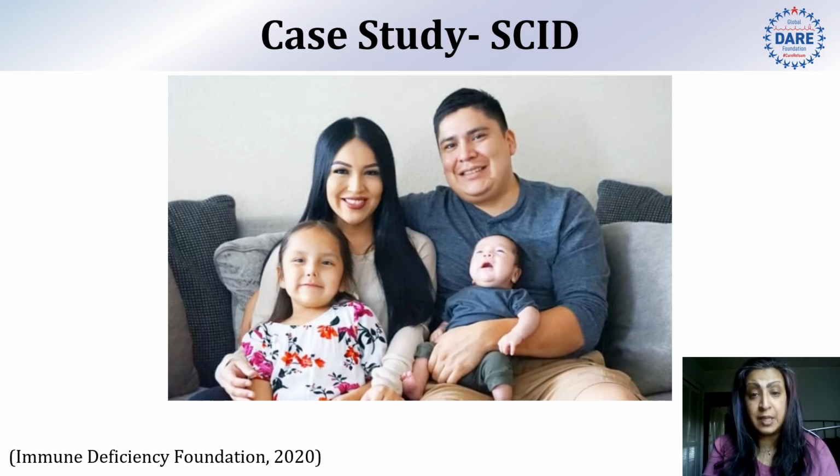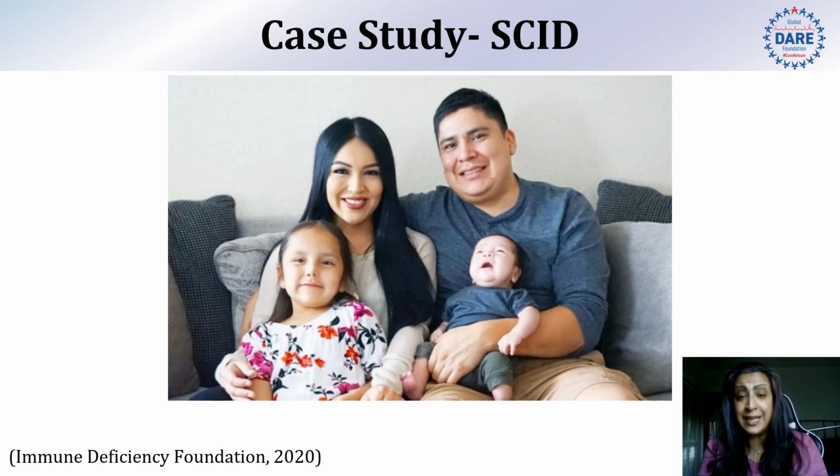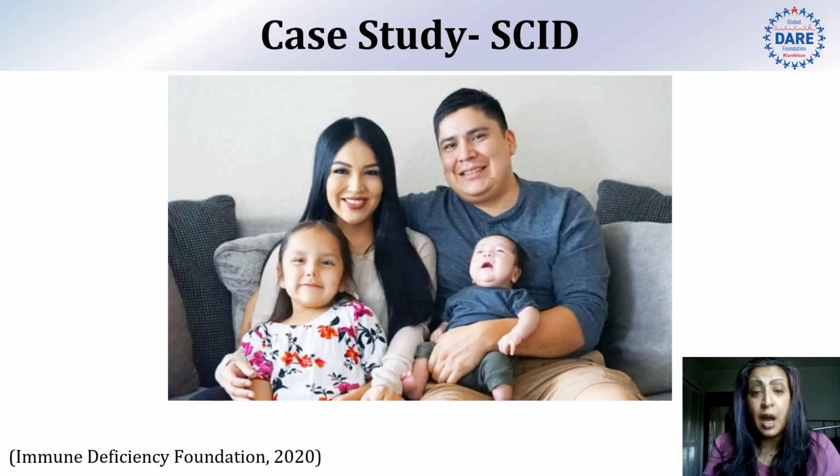After seeking a second opinion, Ava was correctly diagnosed with a type of SCID disorder. And this rare and life-threatening condition, once again, is where the immune system does not function properly. Without early treatment, infants with any type of SCID often do not survive past their first year.